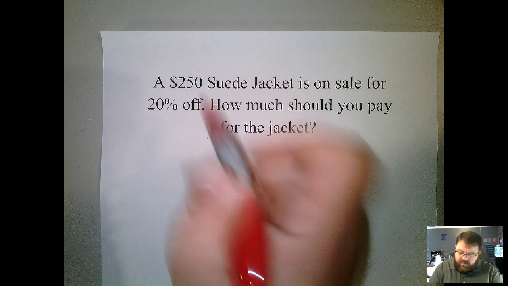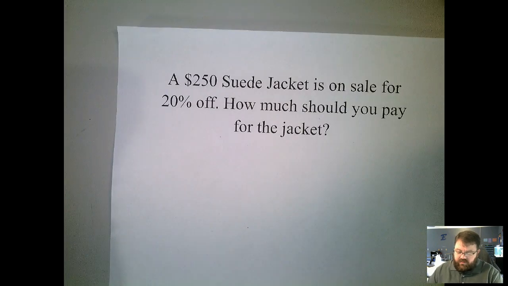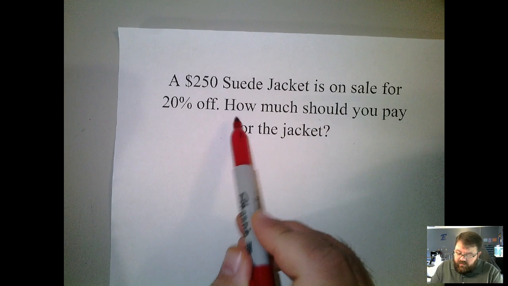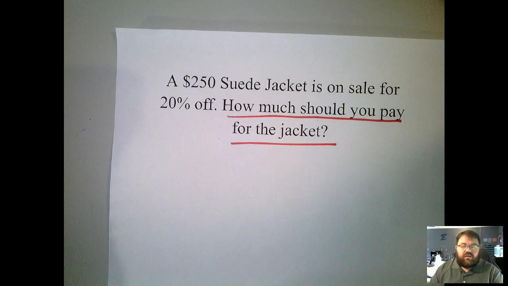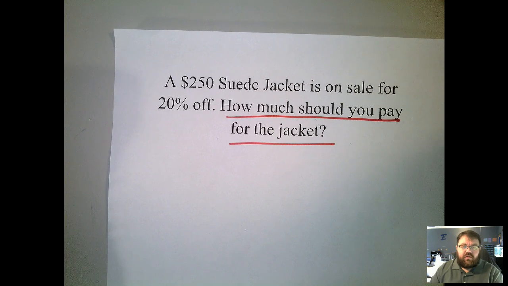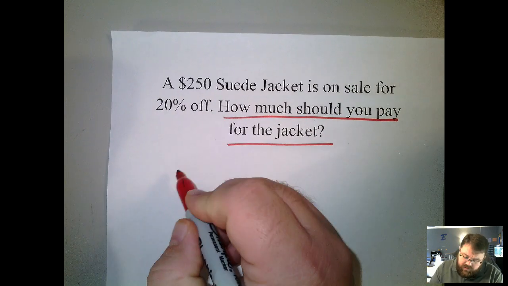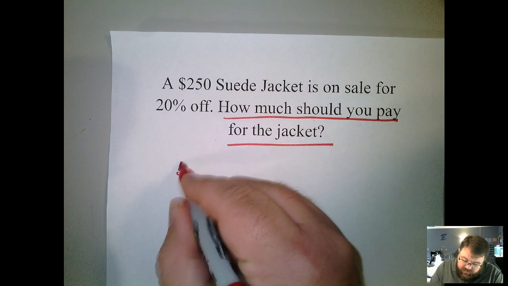All right, so a $250 suede jacket is on sale for 20% off. How much should you pay for the jacket? So for this one, what you would need to do is take $250.